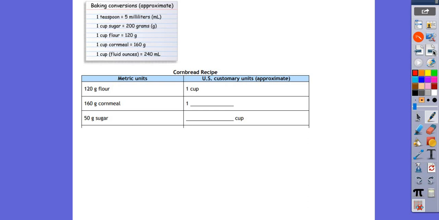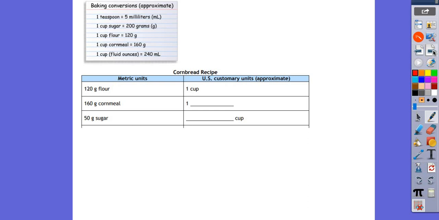So they said 120 grams of flour equals 1 cup of flour. And then we need to fill out some more information. 160 grams of cornmeal equals 1 something.